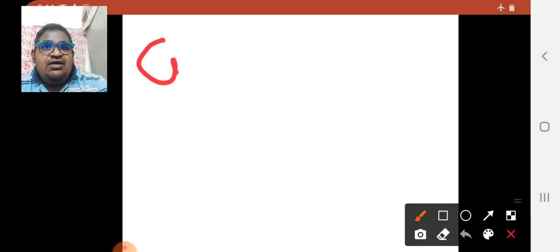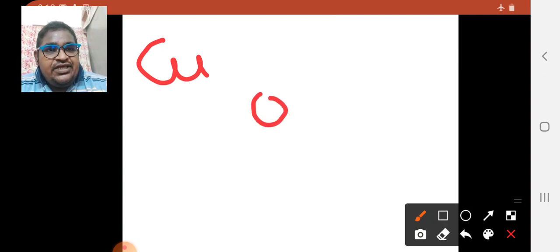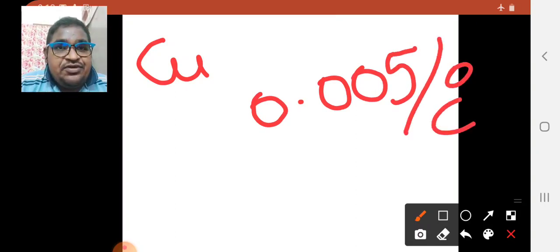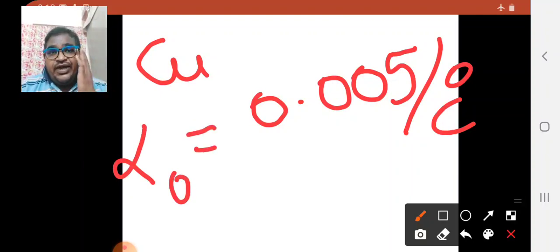So here I want to give one problem to you. For example, copper is one material. For such copper, the temperature coefficient at 0 degree centigrade, let me assume, is alpha naught equal to 0.005 per degree centigrade.